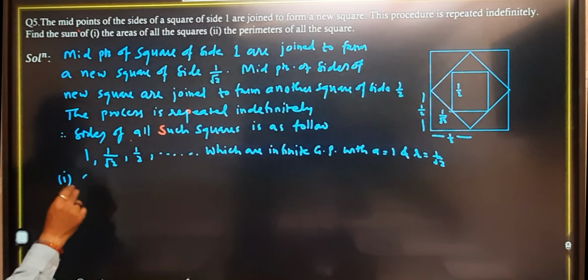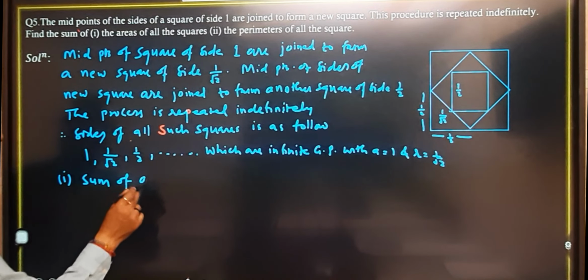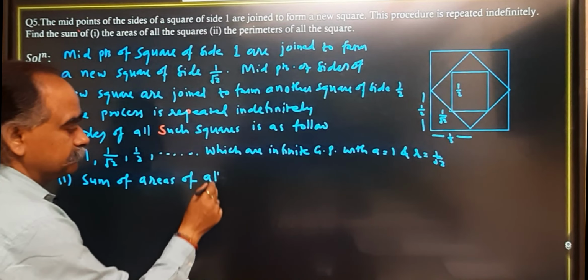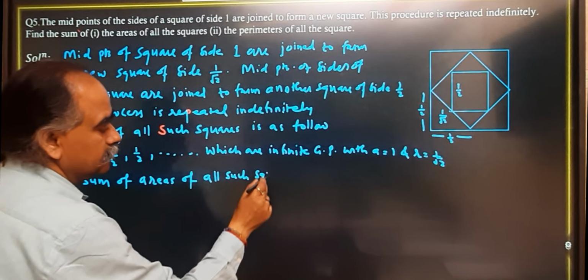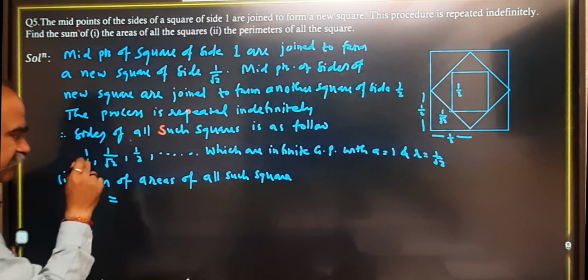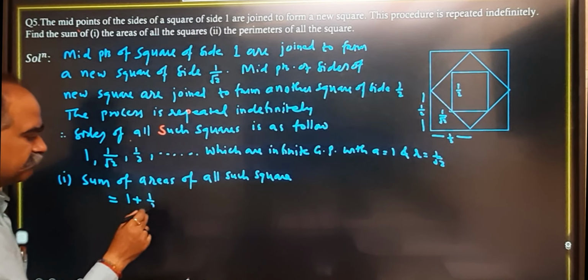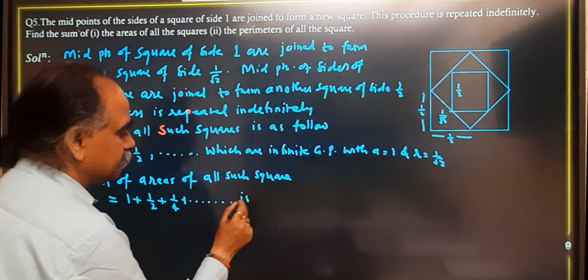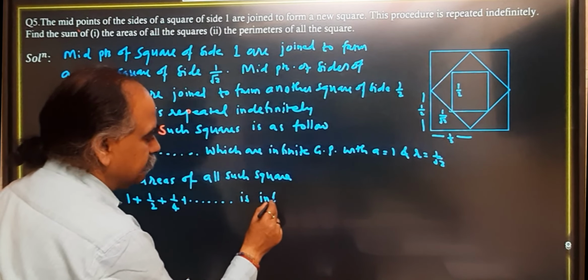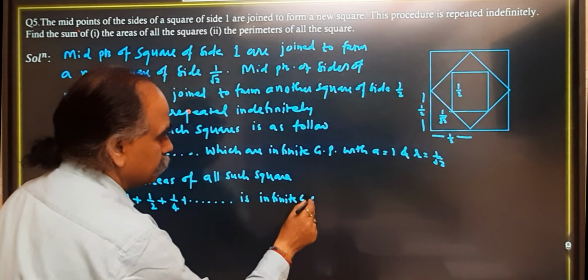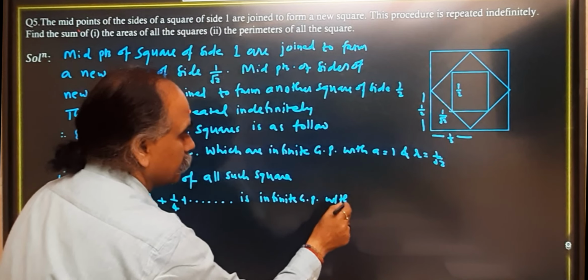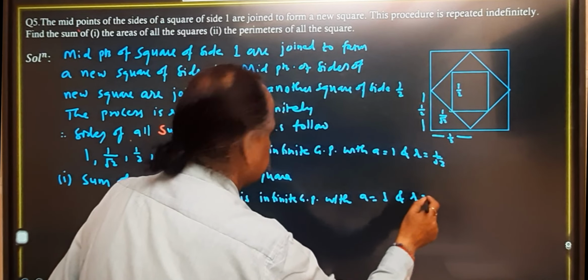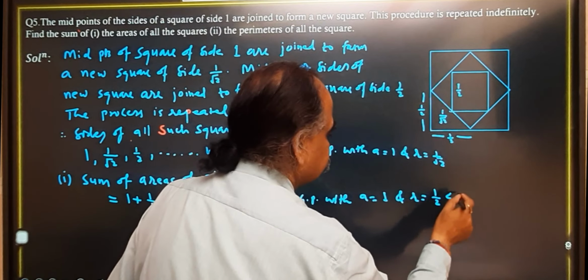Number 1, sum of areas of all such squares is equal to 1 square is what? 1. 1/√2 square is 1/2 plus 1/4 plus so on is an infinite GP with A 1 by 1 and R 1 by 2 less than 1.